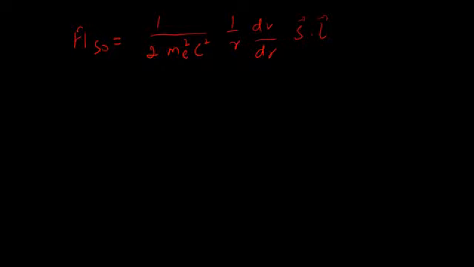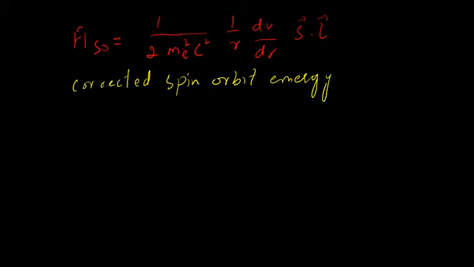This represents the corrected spin orbit energy, and this factor of 1/2 is due to the Thomas precession correction.